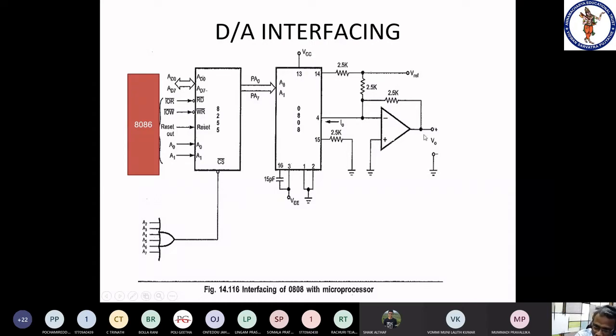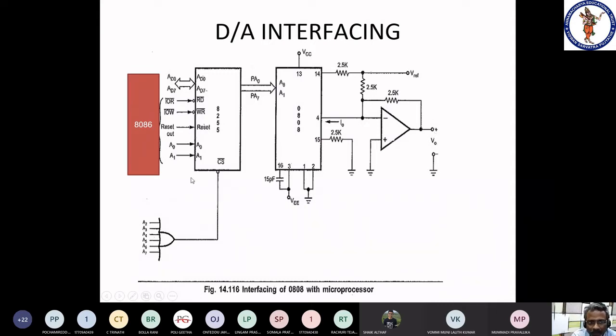That's why the current is converted into voltage using the current to voltage converter. Here we connect the CRO or any display unit.